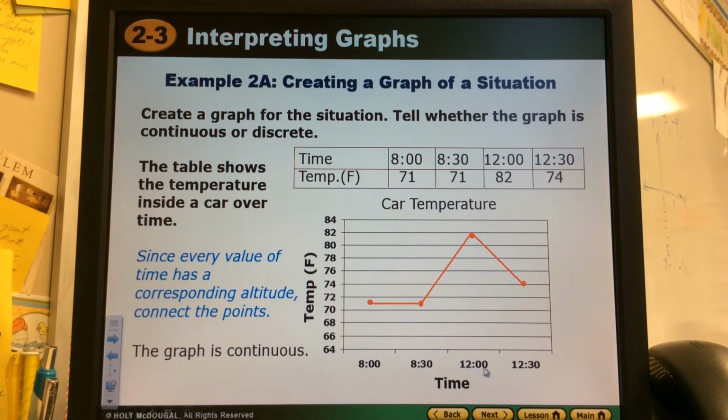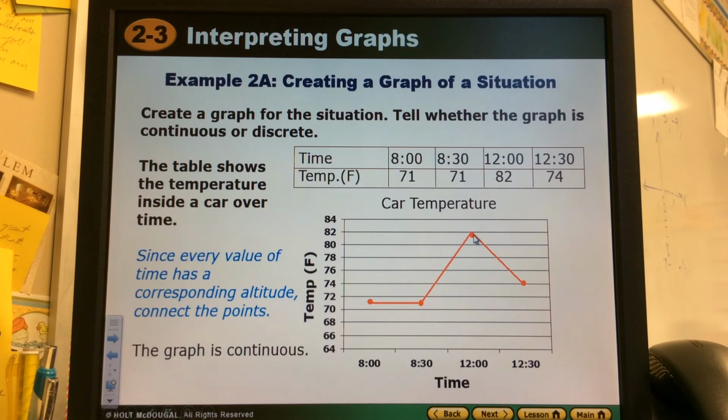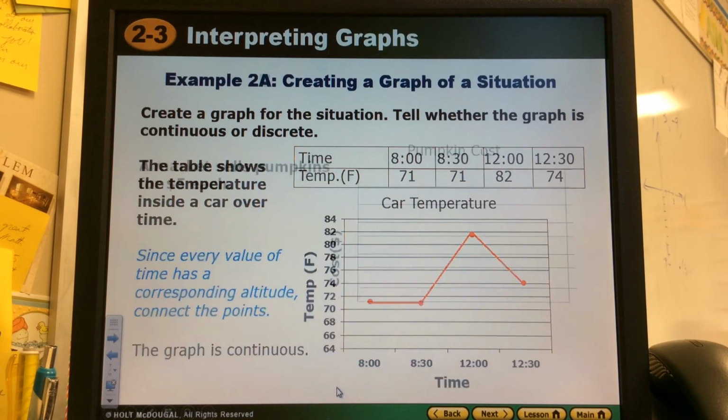And then from 8:30 to noon, it steadily rises to 82. And then from 12 to 12:30, it starts to go back down. And if it's inside a car, if the car is just sitting in a parking lot, maybe the sun went back in, so it started to decrease in temperature, that kind of thing. But it would be continuous.